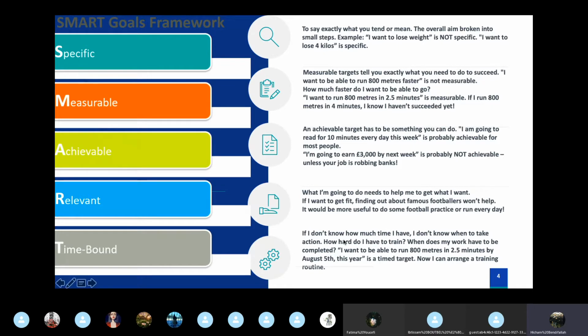The example here is, I want to be able to run 800 meters in 2 minutes by August the 5th this year, which means I have a timely targeted objective. I specify the time, I specify the percentage, I specify the frame of my time, which is this year. In this case, I would understand that if this year I am not able to run 800 meters in 2.5 minutes, that means I failed and did not reach my objective.